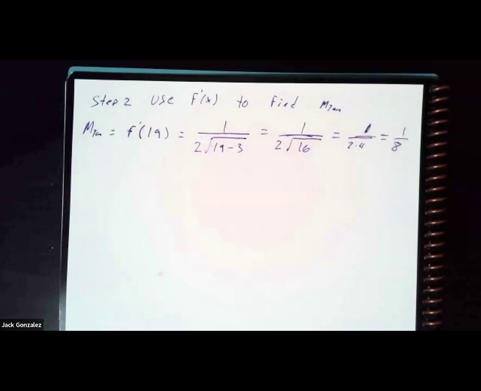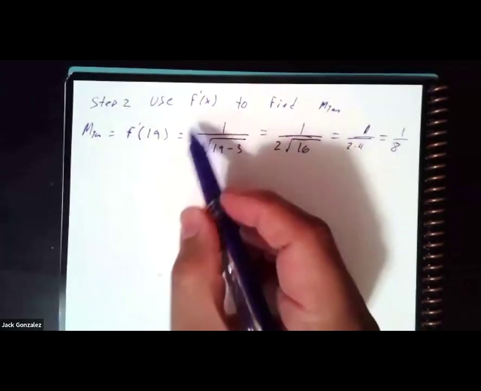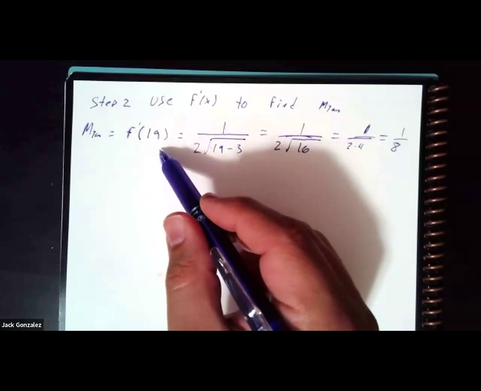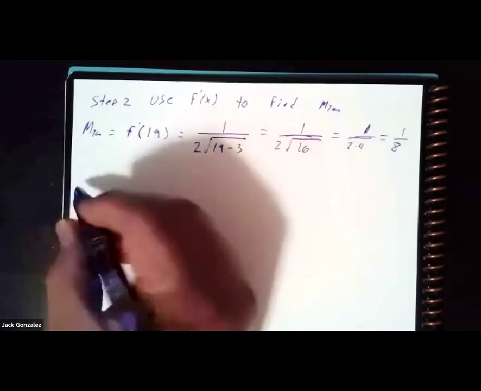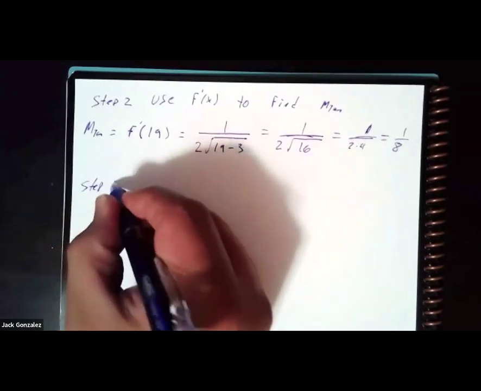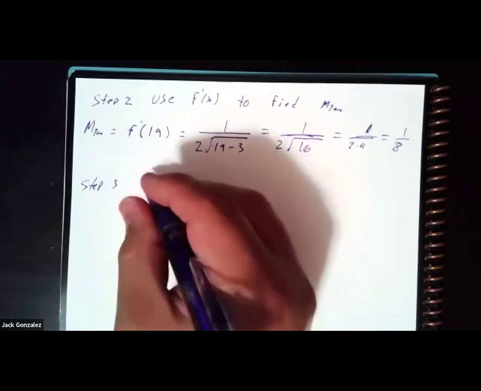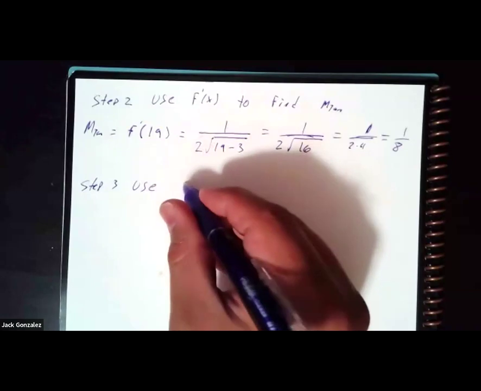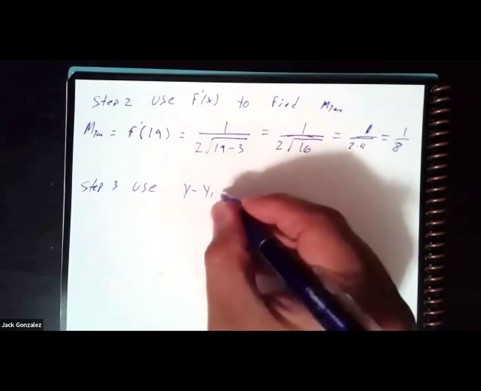Okay. So we use the derivative by plugging in what we found on the last page. So now, step 3. I recommend using this one, it's a little easier, the point slope form.